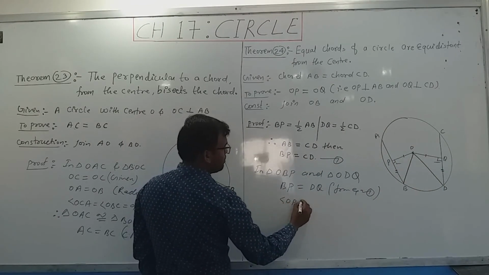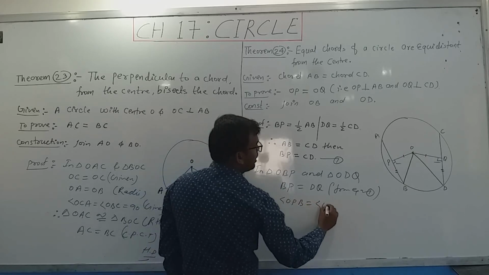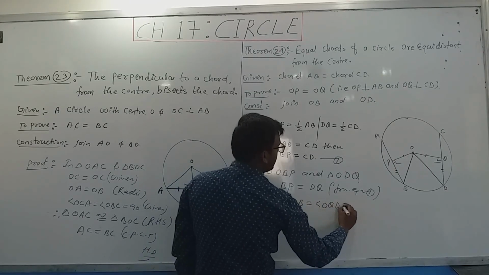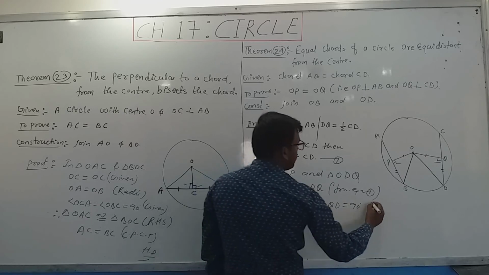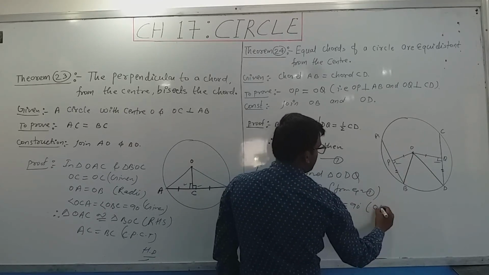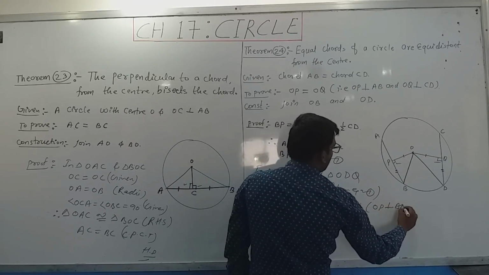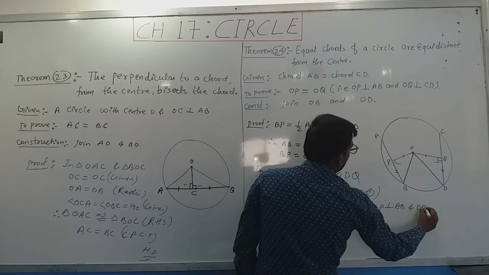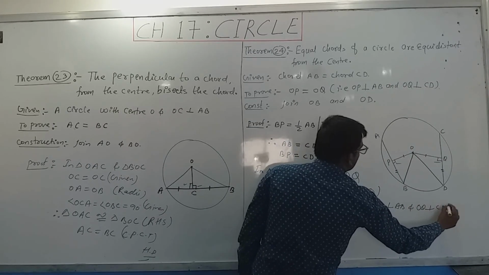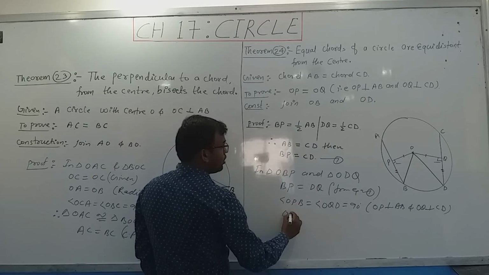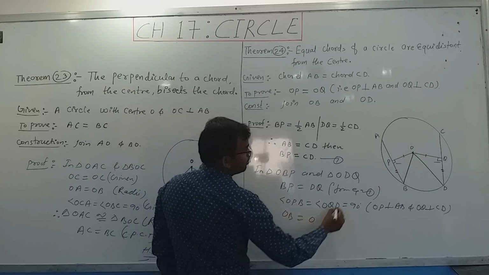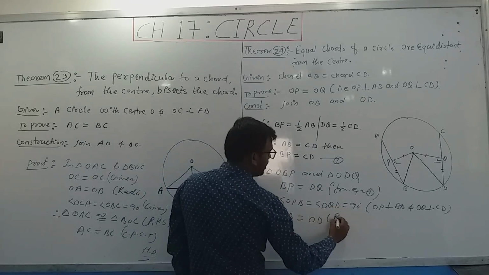Angle OPB equal to angle OQD is equal to 90 degrees. Why? Since OP is perpendicular on AB and OQ is perpendicular on CD, and OB equal to OD. Why? This is the radii.